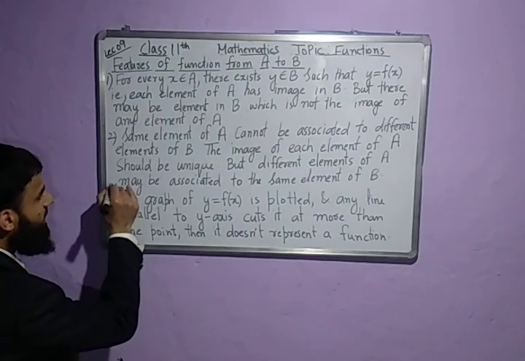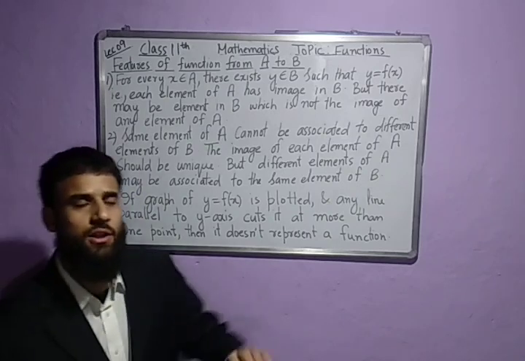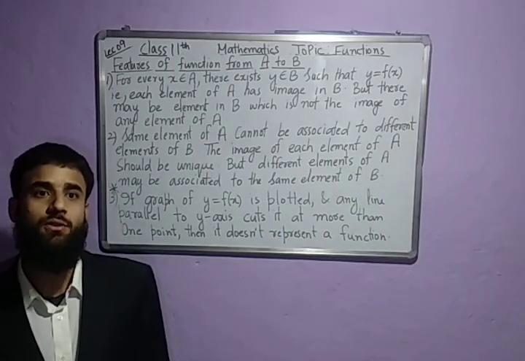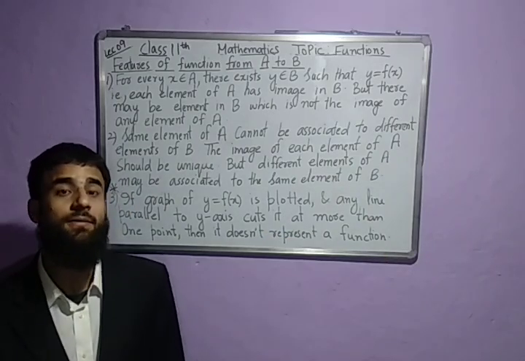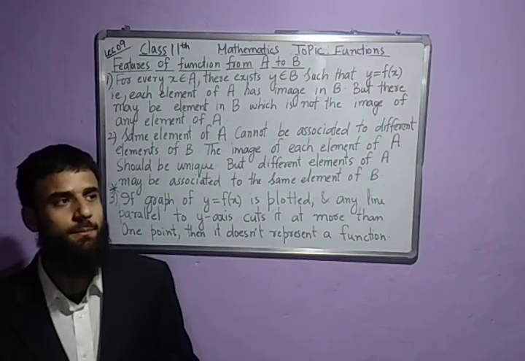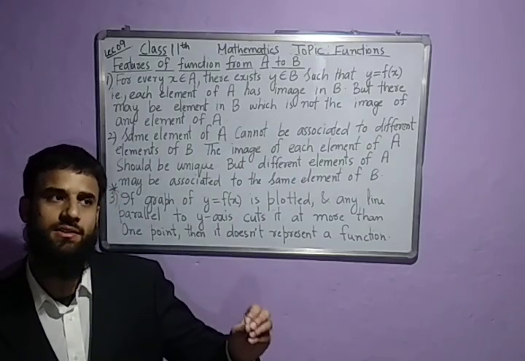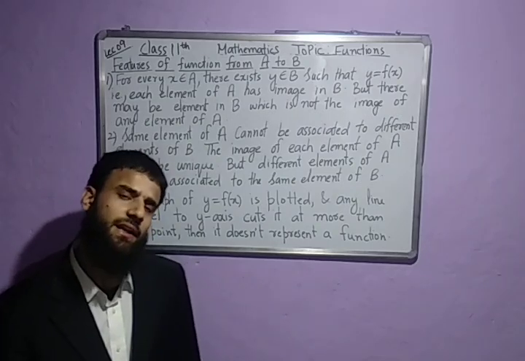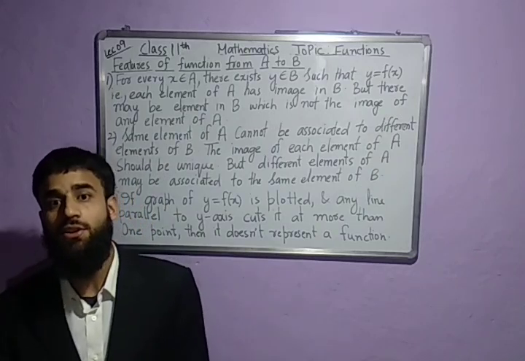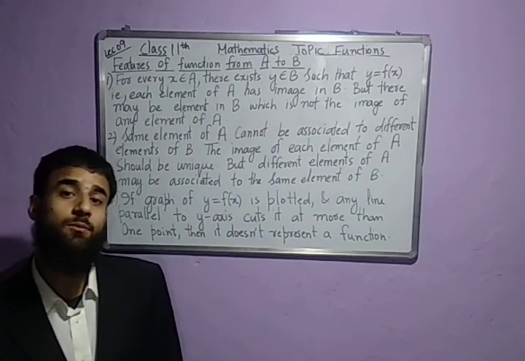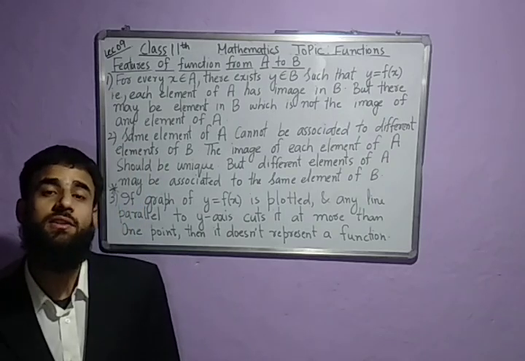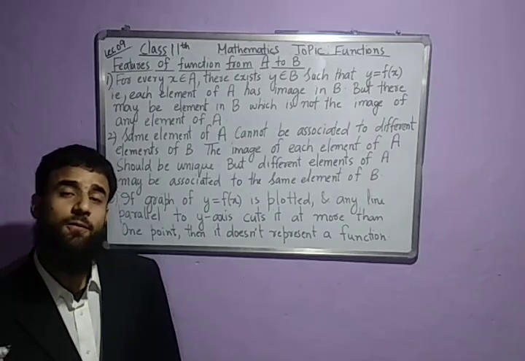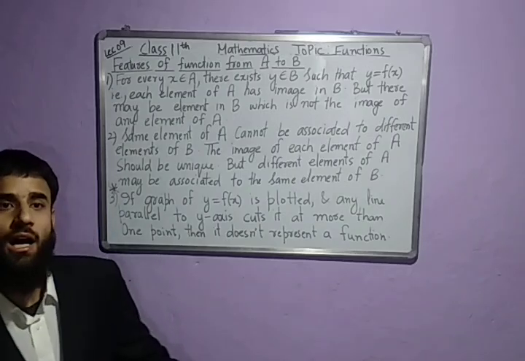The next thing, which is very, very important: suppose a graph of the relation is given in the question, and you are asked to check whether the given graph is a function or not. The basic step is that if you find any line parallel to the y-axis which cuts the given graph at more than one point, then it does not represent the graph of a function.